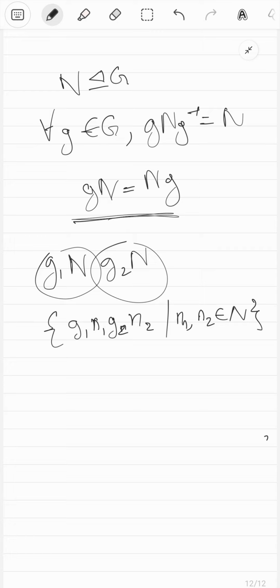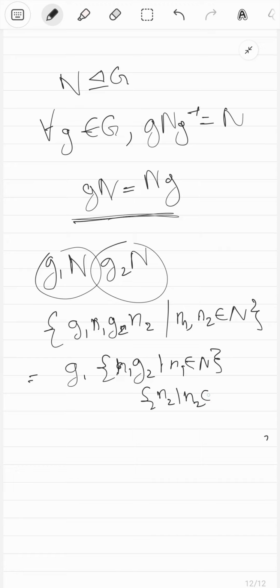So you can rewrite this by noticing that you are essentially writing g1 times the set of n1 g2 such that n1 is in capital N, and that times the set of n2 such that n2 is in capital N. And so this last thing is just essentially capital N itself, don't worry too much.